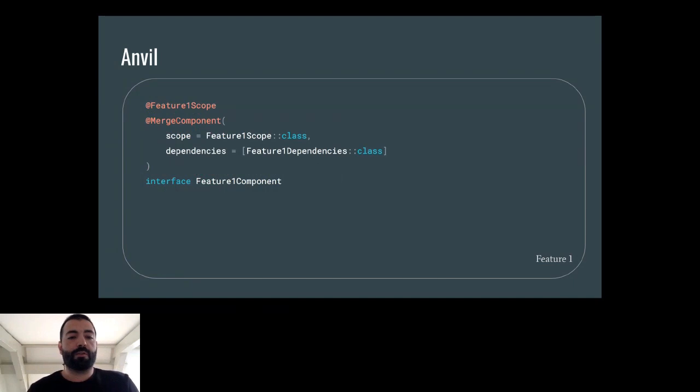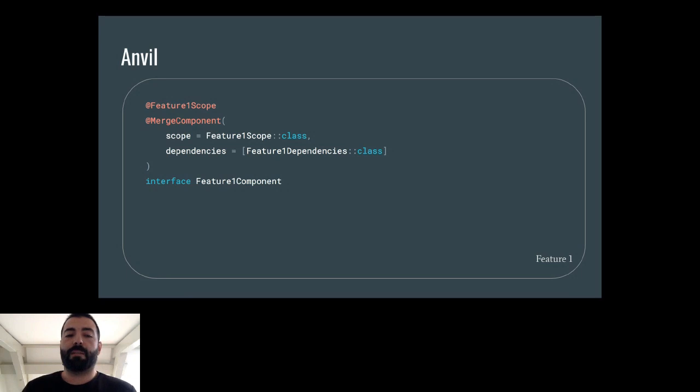So on feature one scope, we now have feature one component, which has the annotation of merge component. This is also coming from Anvil. Anvil basically provides the two most important annotations, contributes to and merge component.